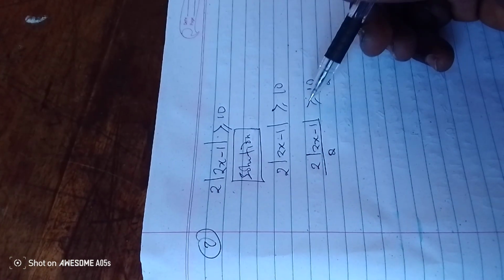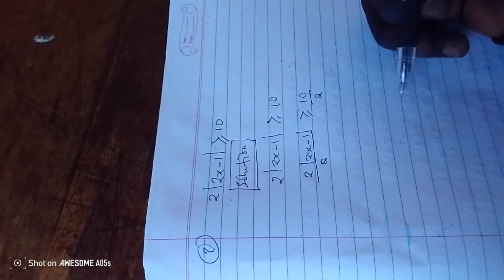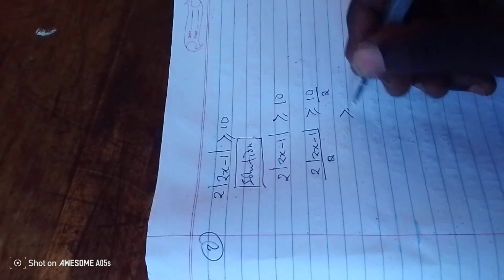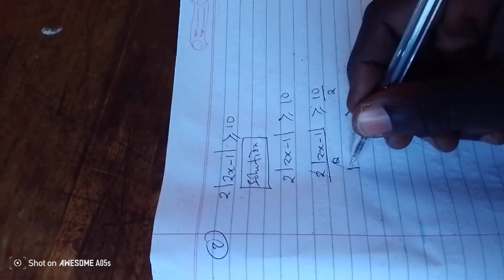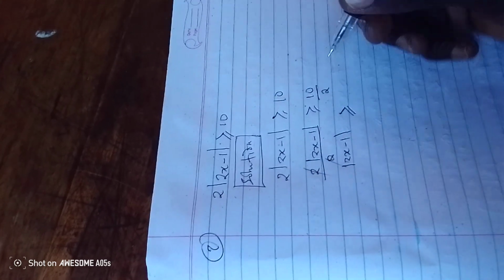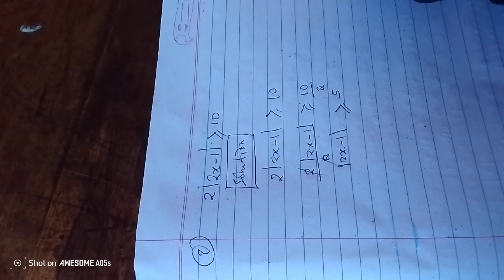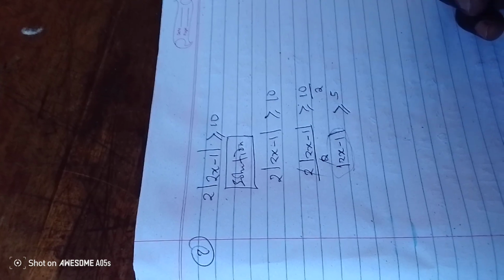So remember, this symbol cannot turn after dividing unless we are dividing by a negative number. That's when this one can turn. So it will maintain in the next step. This and this goes. 2 into 10, it's a 5. At this point, we have isolated the modulus.